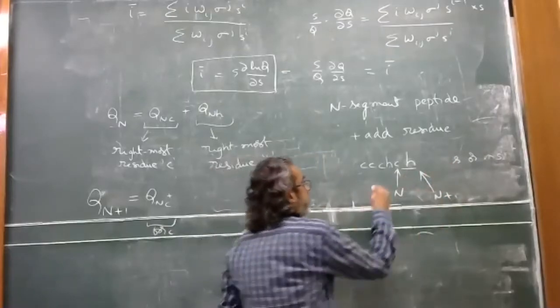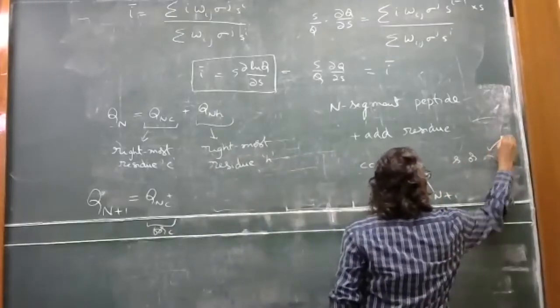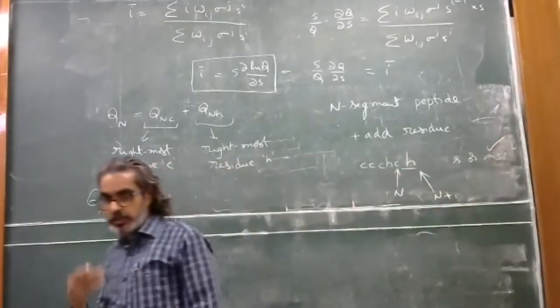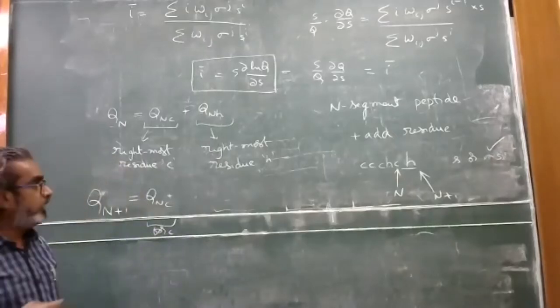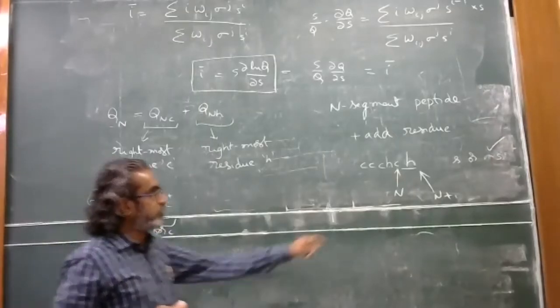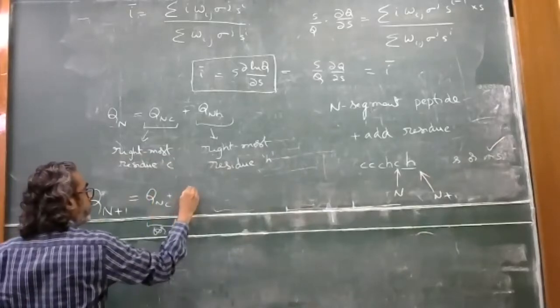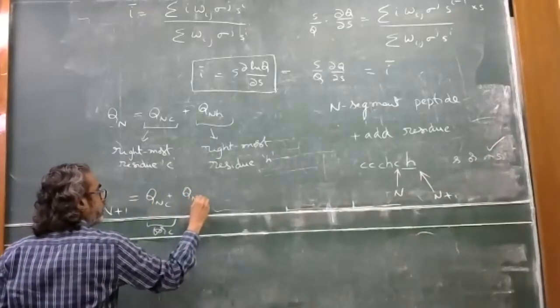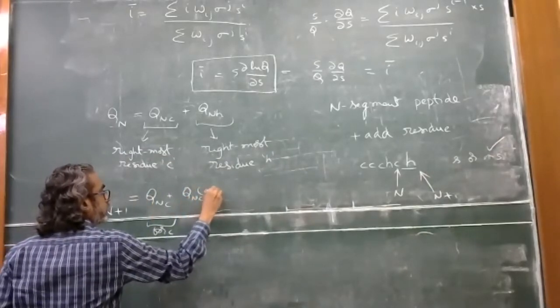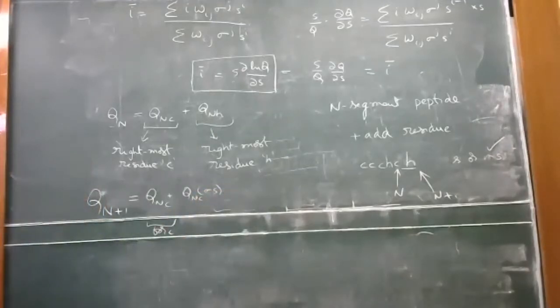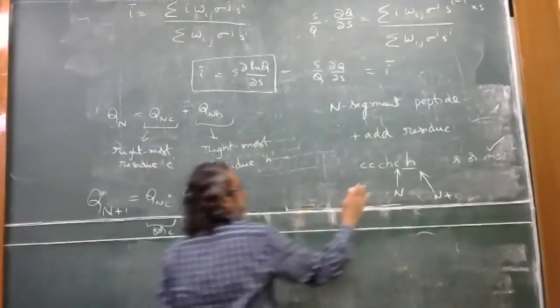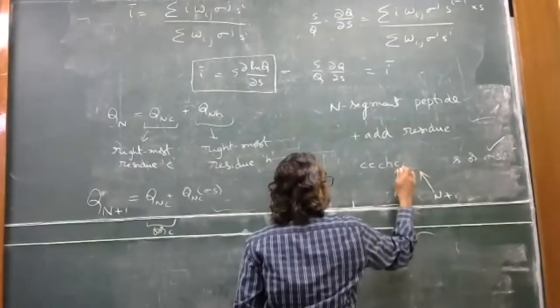For this case, because the previous residue is coil, you need to initiate a helix, so you need sigma as well as the propagation parameter S. So you need to multiply QnC with sigma S. That is when the previous residue is C.